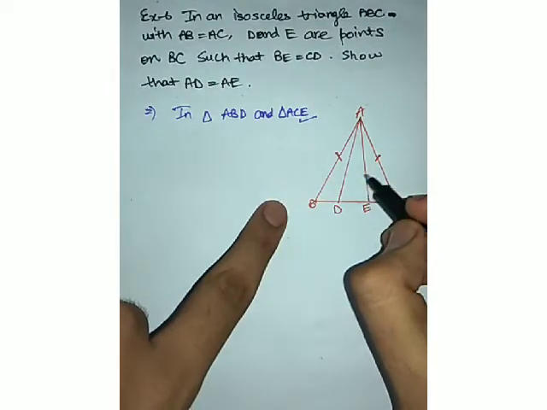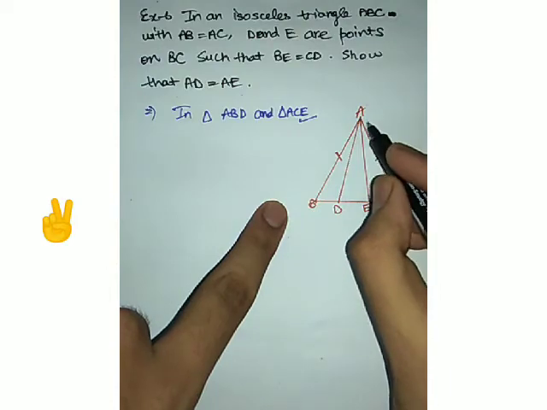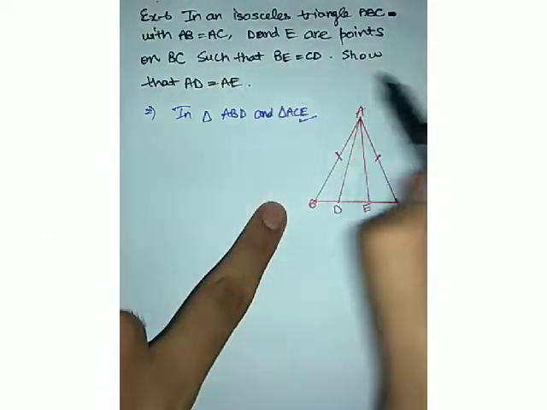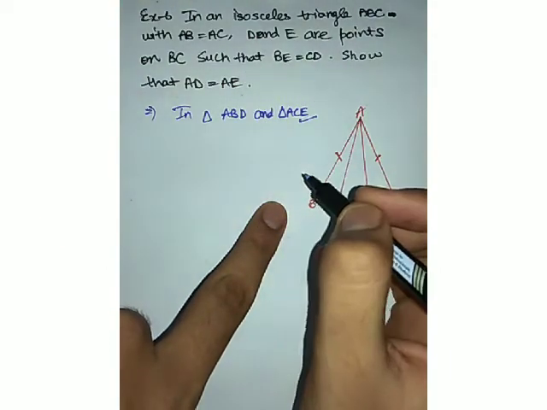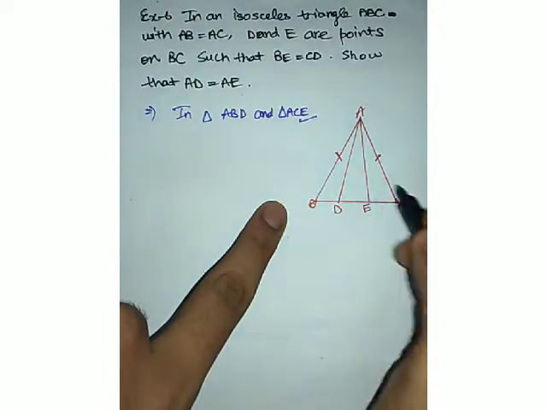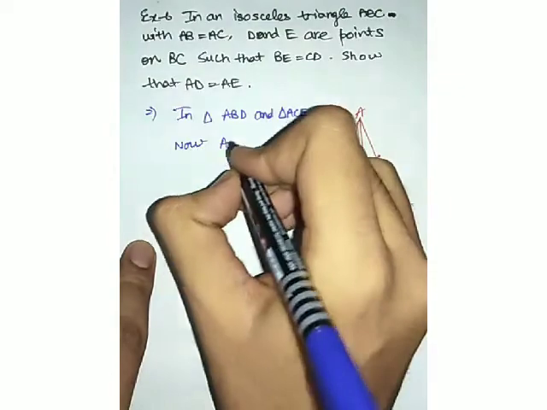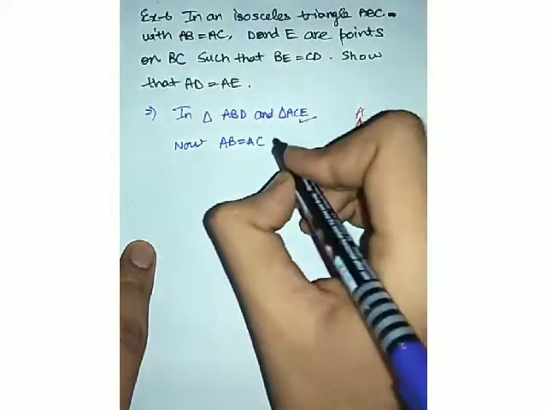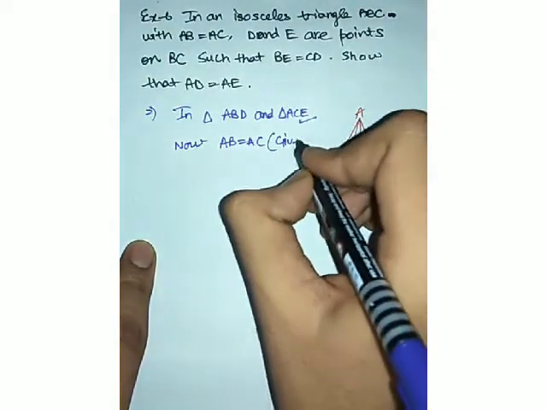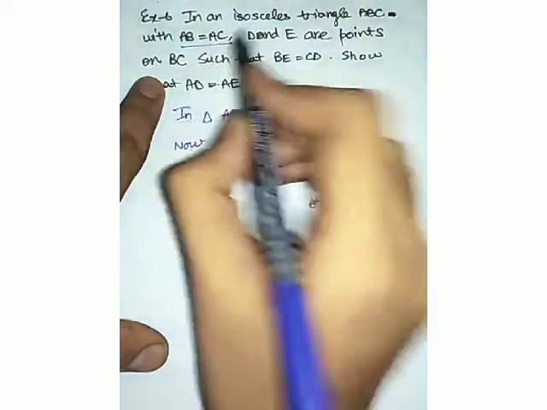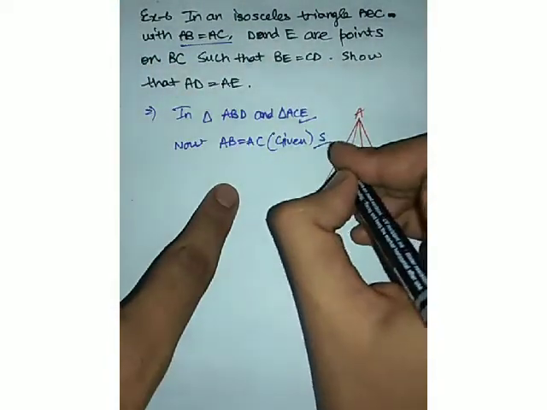Now you can see clearly that one side is already given, that AB is equal to AC, because it's an isosceles triangle with two equal sides AB and AC. Why? It's literally given. One side is already done.